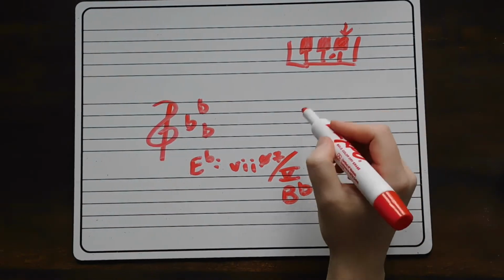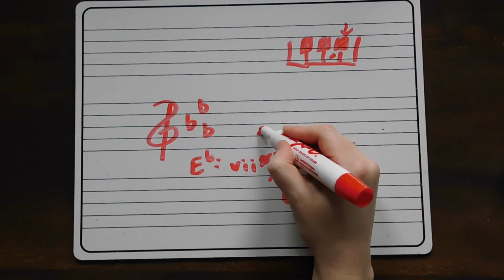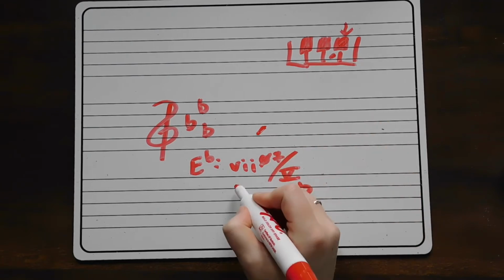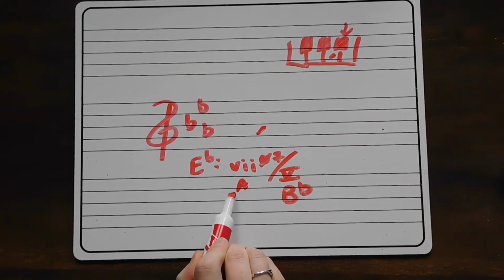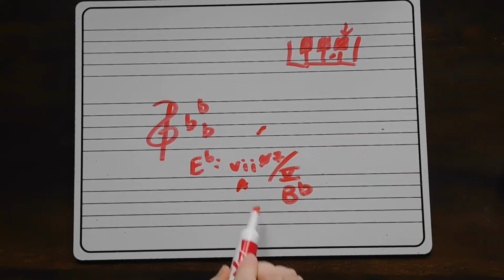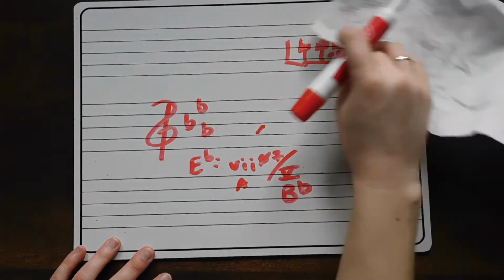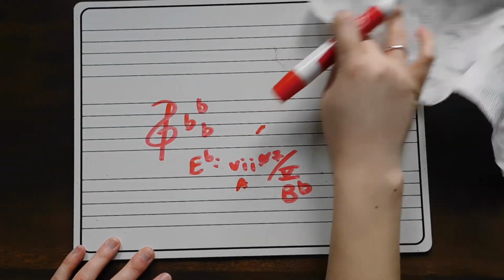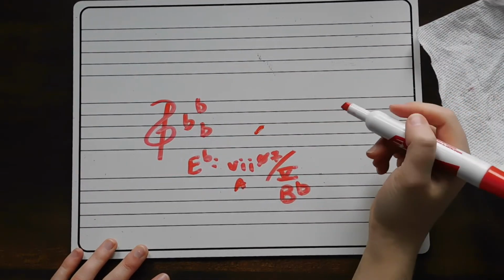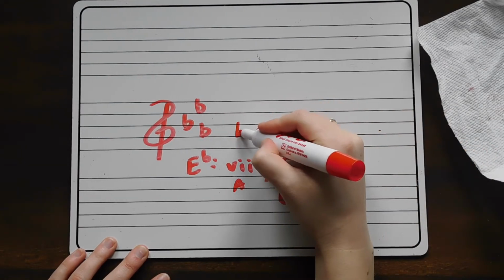Okay, so that means that this chord is going to be an A half diminished, right? So this is the 7th scale degree of B flat. If you're in the key of B flat major, you're going to get A as your 7th scale degree, right? I'm just going to erase that. So now all that we have to do is build a half diminished 7th chord on A. Make sure that you throw in a natural, right?